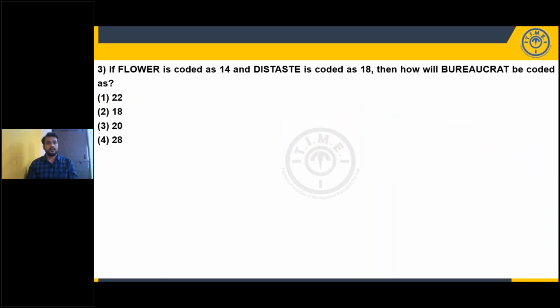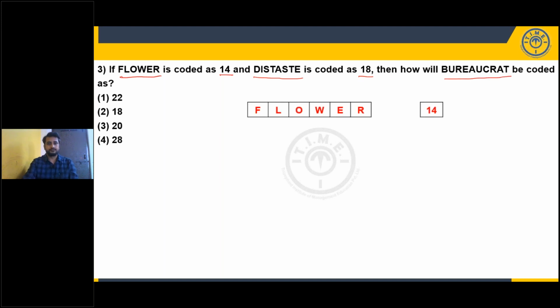Question number 3. If flower is coded as 14, what is the number coding model? Flower is coded to a number 14. Similarly, distaste is coded to 18. Now we have to identify how bureaucrat will be coded. Earlier I told, when it is number coding, we have to check it in two ways.